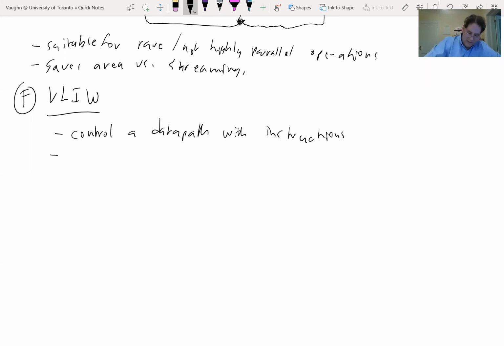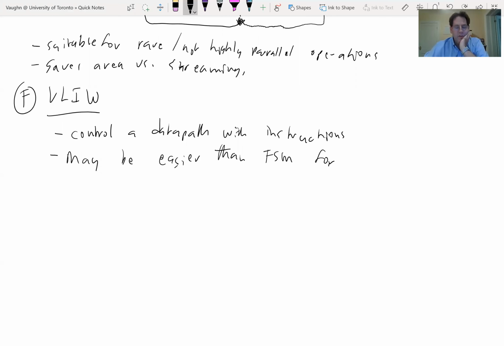So it's a lot like our finite state machine with data, but basically it may be easier than making an FSM for complicated data paths.